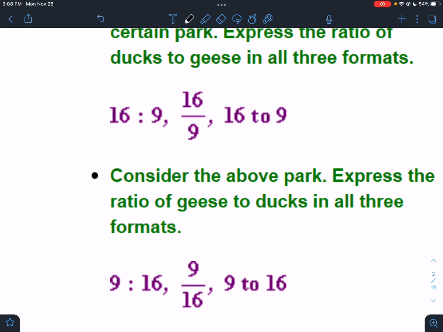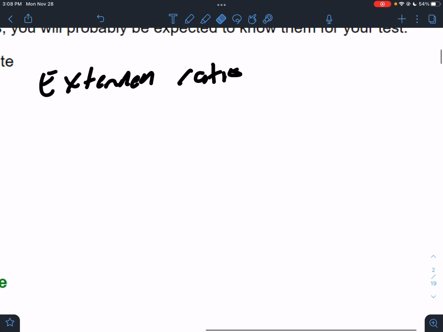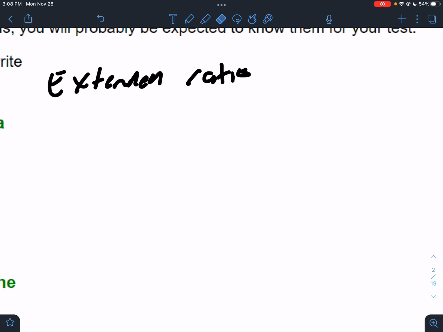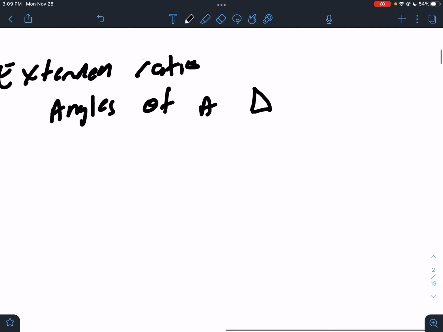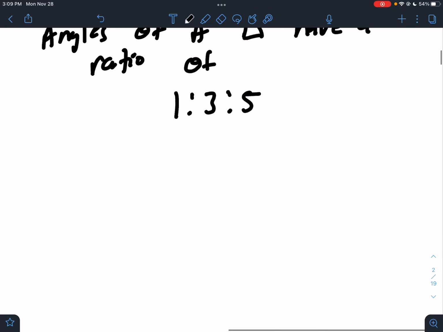Well, an extended ratio compares more than two things. Like right now we're comparing two things, right? 16 ducks and 9 geese. An extended ratio would be comparing more than two. For example, if I told you that the angles of a triangle have a ratio of 1 to 3 to 5, and I said, how big were the original angles?